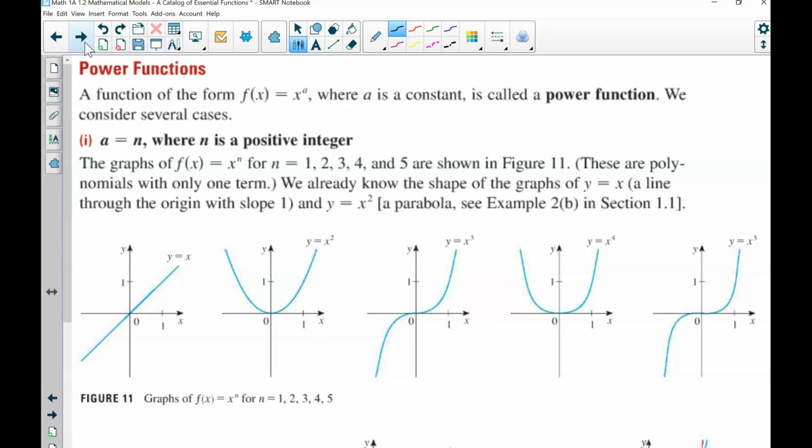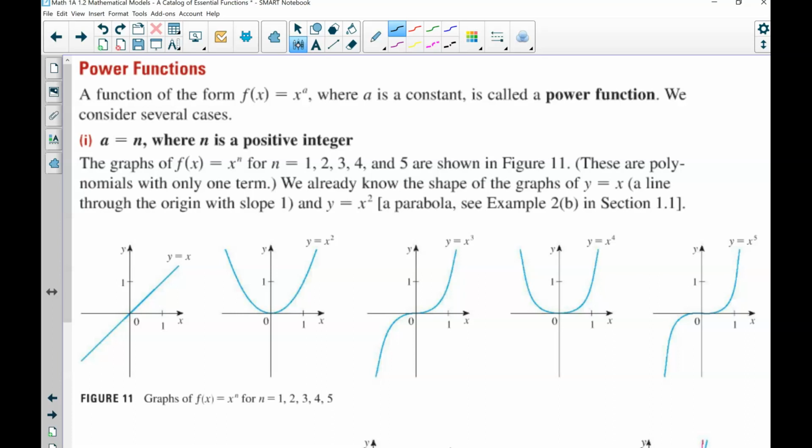Okay, they are polynomials with only one term. And we already know the shape of the graphs: y equals x, which is a line through the origin with slope 1, and y equals x squared is a parabola. Now, the general shape of the graph of f of x equals x to the n depends on whether n is even or odd.